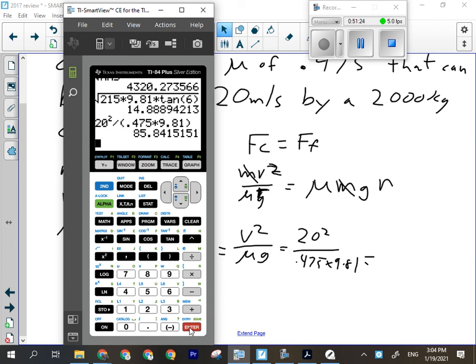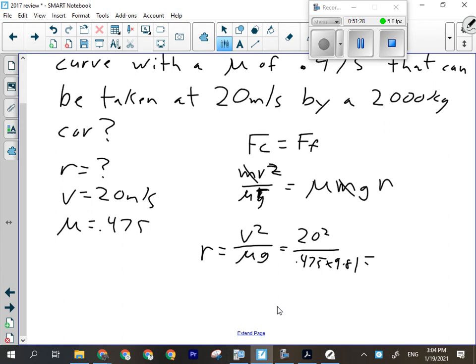So it's got a radius of 86 meters. All right. Good with that one? Okay, got any other requests?